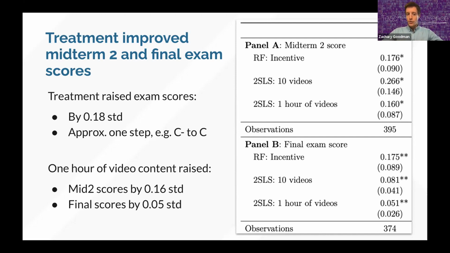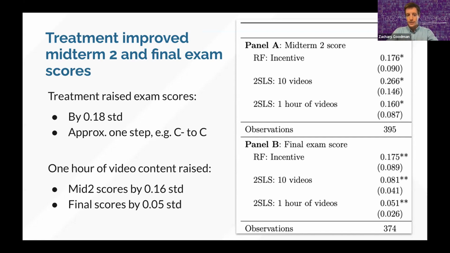On a per video basis, we found that the returns to the second midterm were a lot larger than the returns to the final. So for the second midterm, we found that 1 hour of content raised scores by 0.16 standard deviations. And for the final, it raised scores by 0.05 standard deviations.